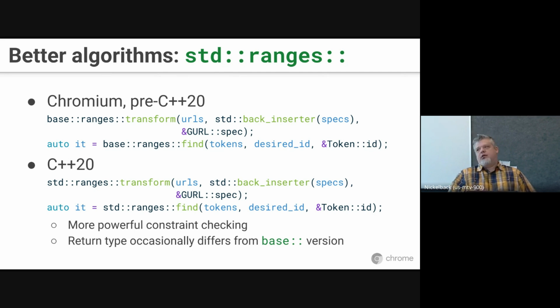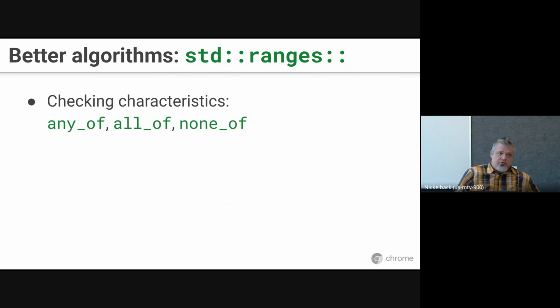And I find in terms of readability and correctness, it often is better if you're in the habit of saying what you wanted to do instead of how you wanted to achieve it. So being more high level and using the ranges forms, even when they don't provide benefits in other ways, I find superior.